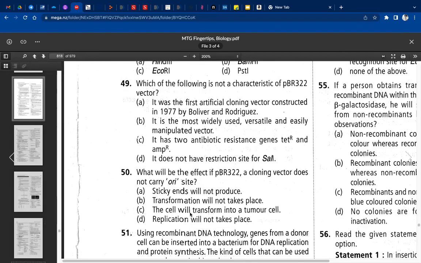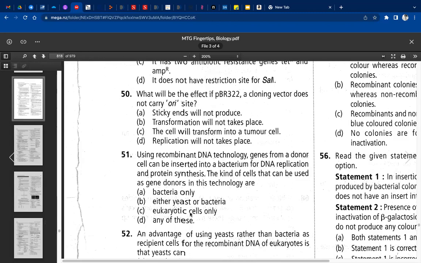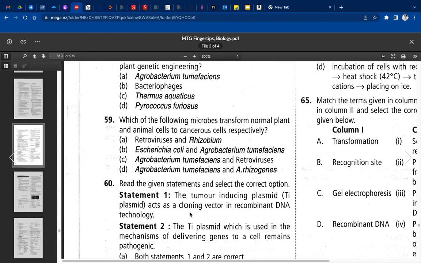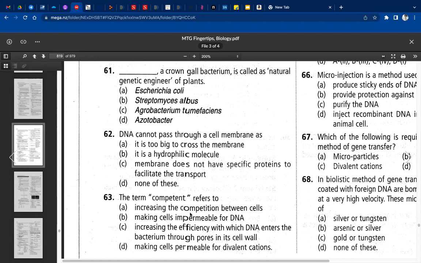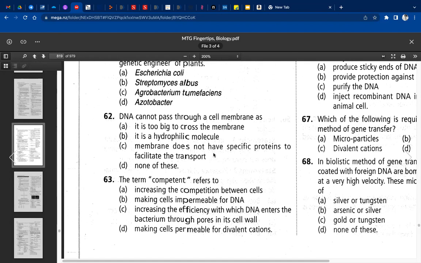So let me go quickly to another segment. Yes, this one. Question number 62. It is a concept of DNA and the membrane together. Atif, would you like to read question 62? Yes, sir.